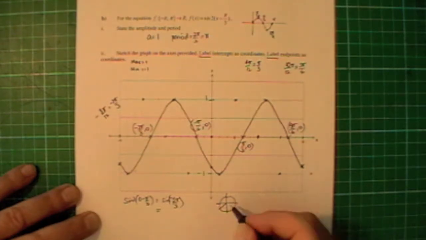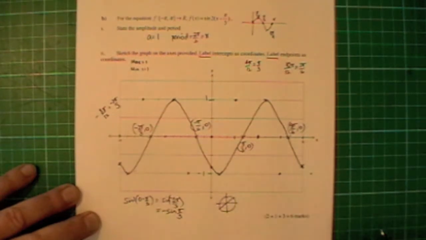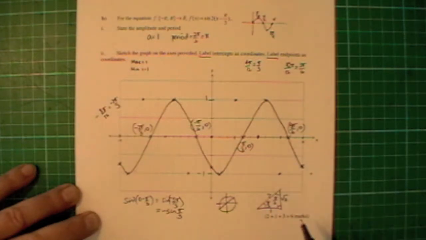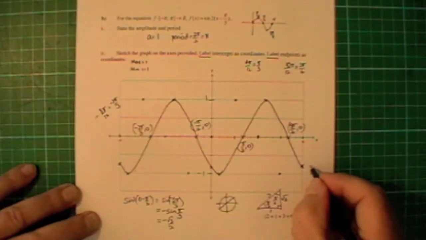So that's going to give us a negative value. It's actually the same as negative sine of pi on 3. And sine of pi on 3, if we use our triangles to remember, is going to be root 3 on 2, so that's going to be negative root 3 on 2. So each of these points are on negative root 3 on 2.